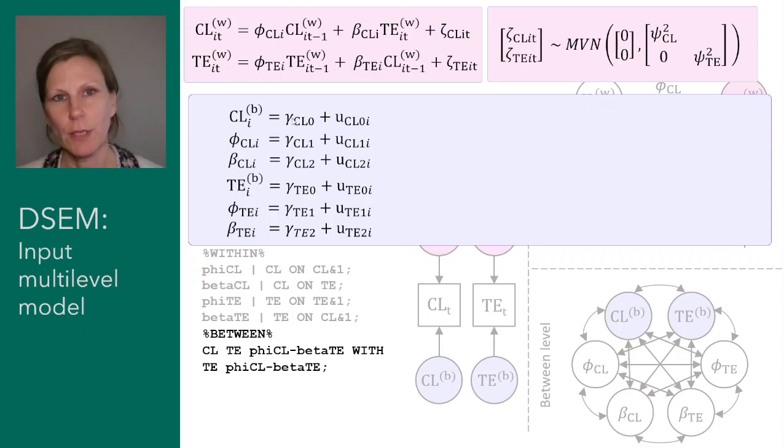And what we are estimating for those parameters also is the grand mean. So this gamma CL1 represents the average autoregressive parameter for closeness, averaged across individuals.